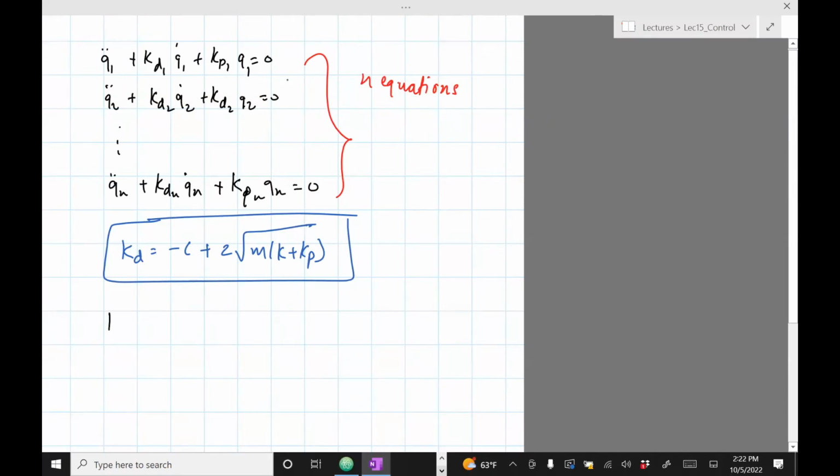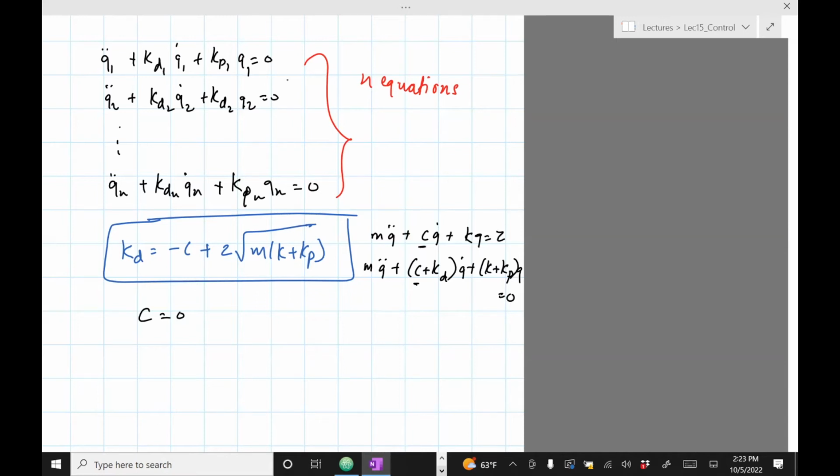So let's see. For example, if we take the first equation, we have KD1 equals minus C. So C here is what? It's basically this equation, M Q double dot plus C Q dot plus K Q equals 0. And remember when you put the equals tau, we then wrote this as C plus KD Q dot plus K plus KP Q equals 0. So C here is 0 because to start with, there's no damping.